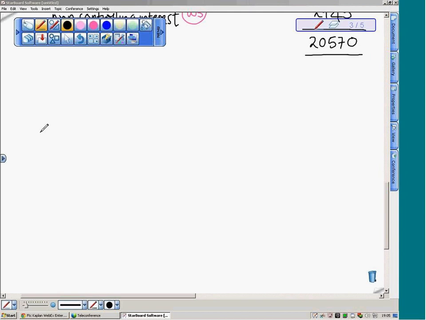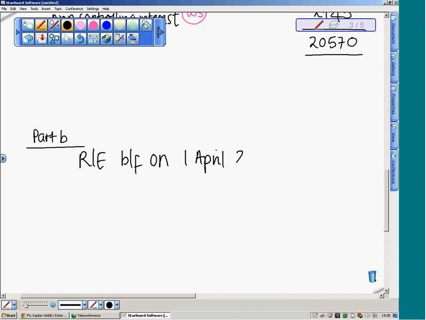Okay, so you do in part B relate the retained earnings brought forward on the 1st of April 2009 from a group perspective. Okay, so it's the group retained earnings that you're interested in calculating.